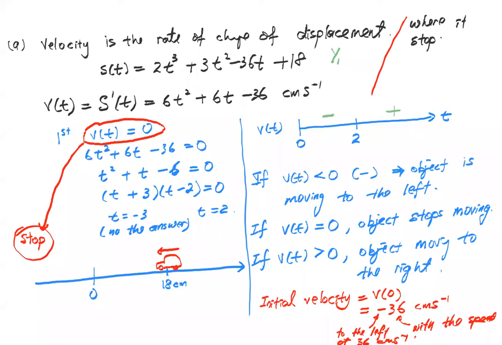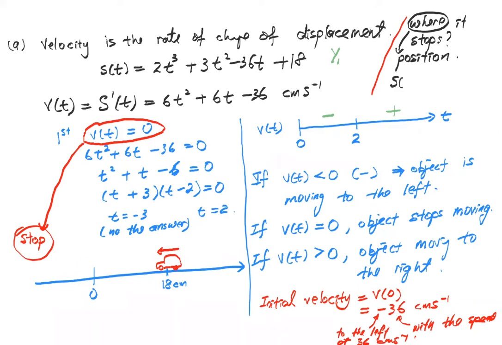Where means I'm looking for position. You better get it right. When is time. Where? Position. Direction? Velocity. See or not? So I know when it stopped, but I don't know where it stopped. So how to do?